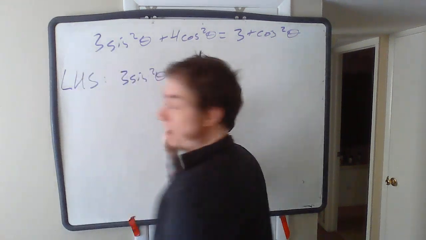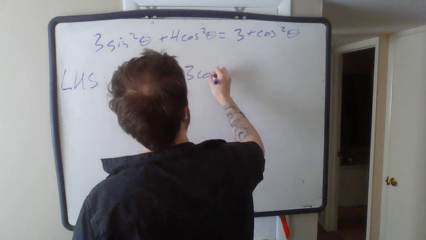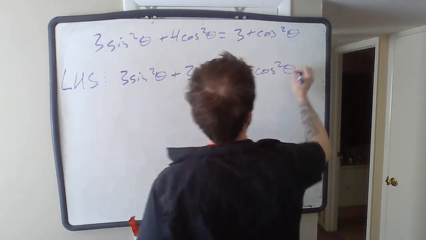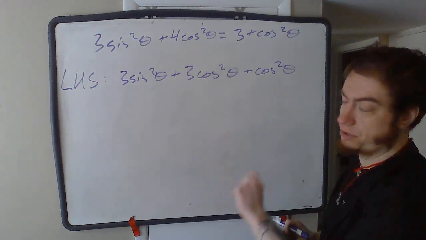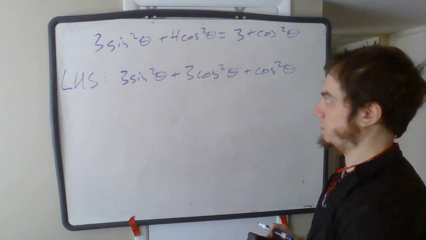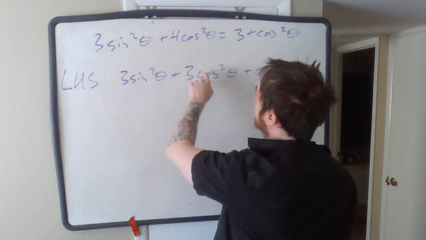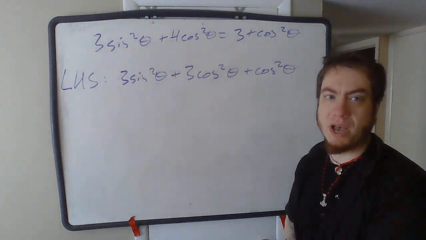I'm going to rewrite that 4 cosine squared theta as 3 cosine squared theta plus cosine squared theta. There are 2 reasons I would think to do this. One reason is because I have a 3 out front of the sine squared theta, so I would like to have a 3 with the cosine squared theta as well.